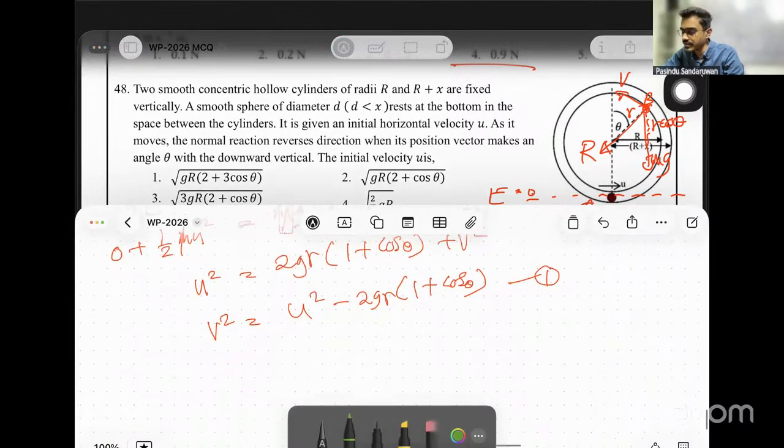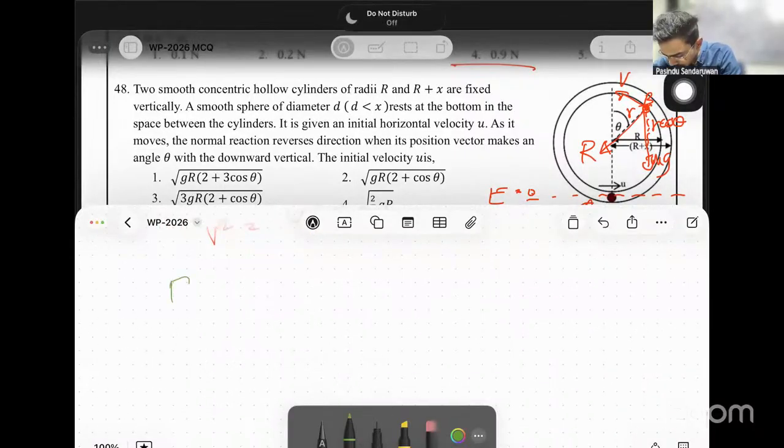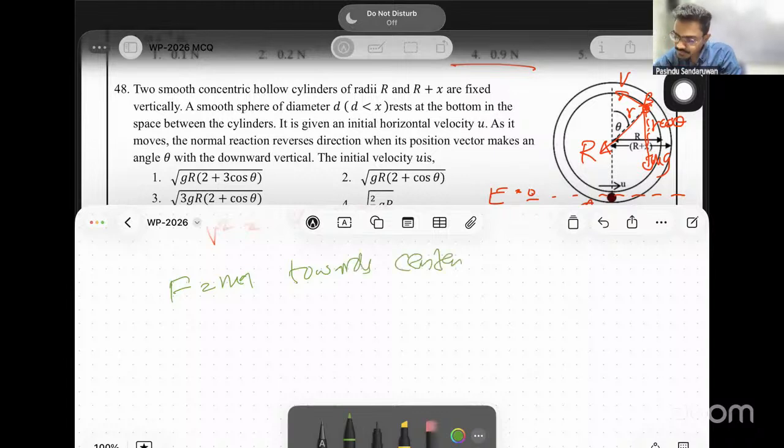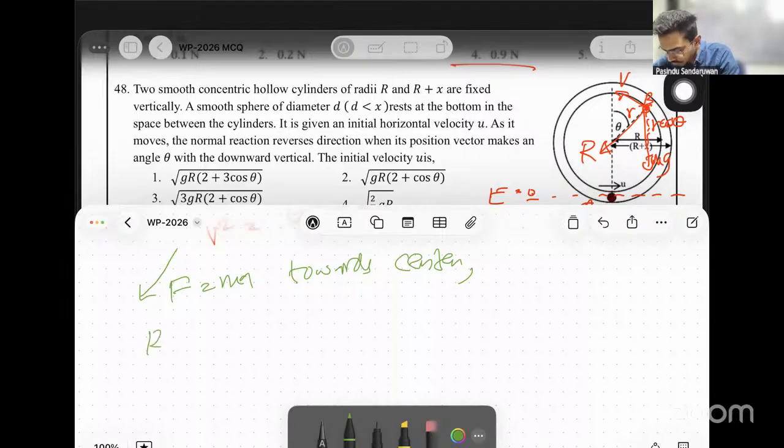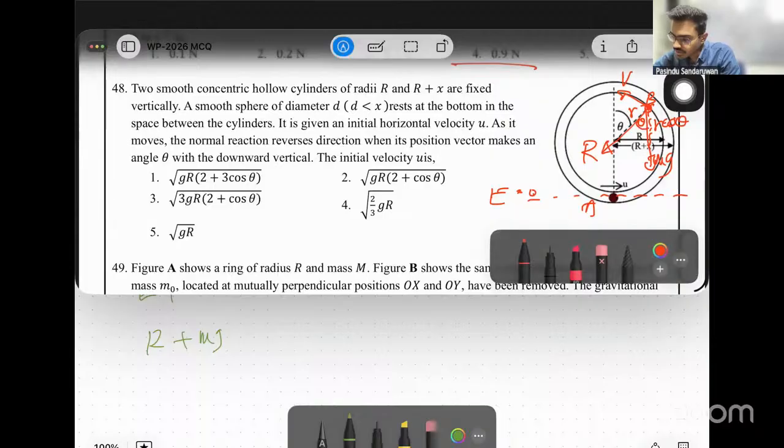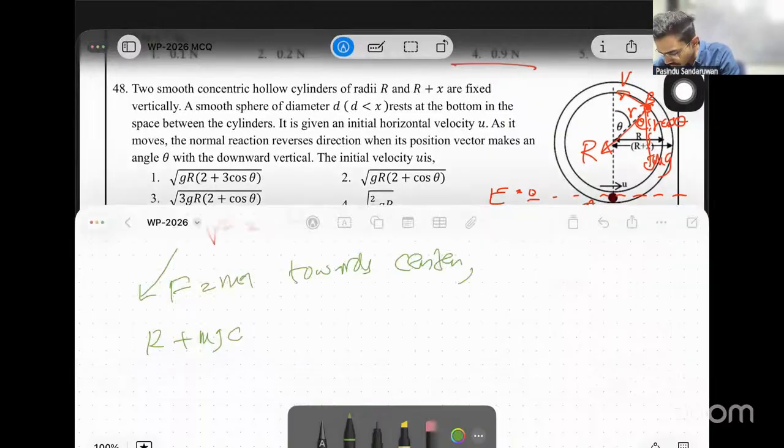Now if we apply F equals ma towards the center, like this, then towards the center we have R dash plus mg cos theta.